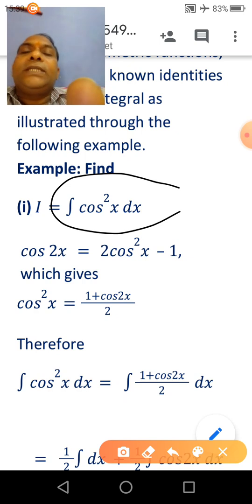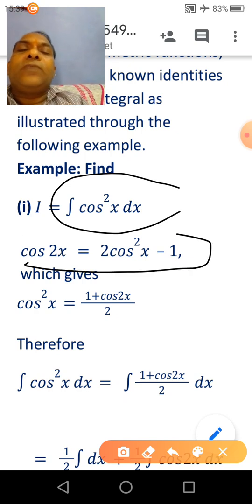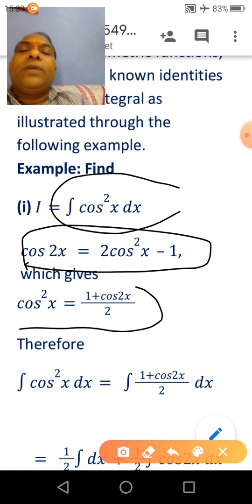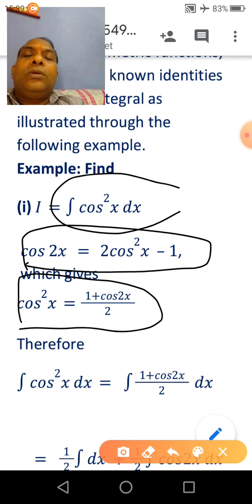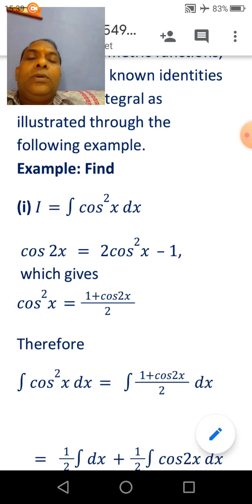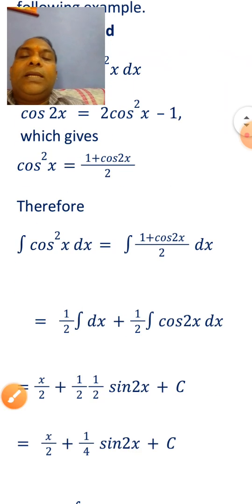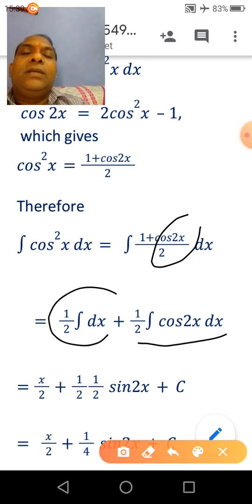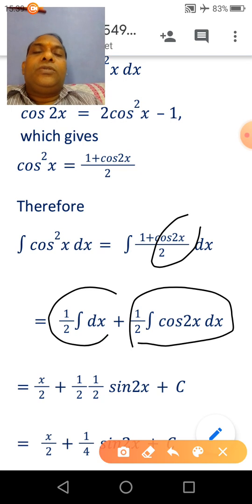So cos 2x is equal to 2 cos square x minus 1. We know that. So cos square x will be 1 plus cos 2x by 2. So integration of cos square x, you can write integration of 1 plus cos 2x by 2. Clear? Now convert it into two parts, 1 by 2 dx and second part will be half integration cos 2x dx.